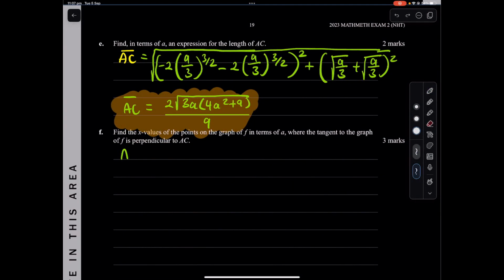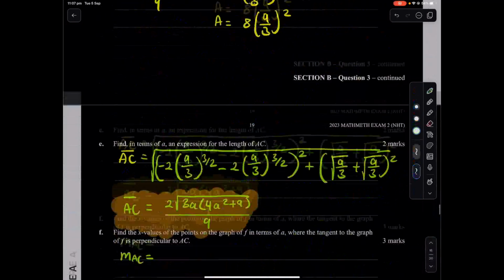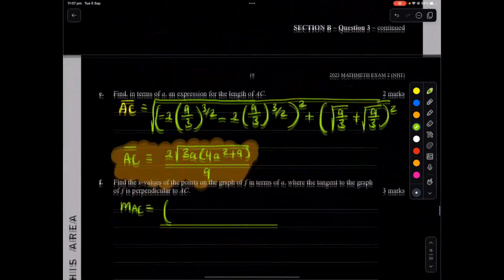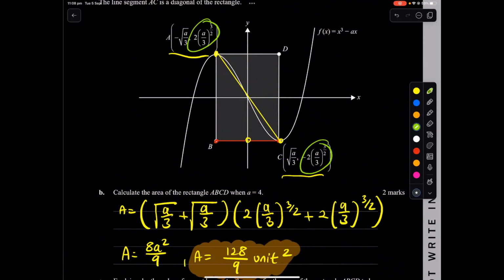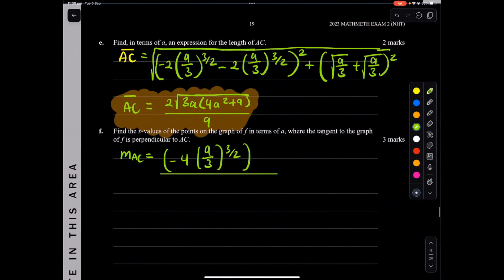Let me write it nicely. The gradient of AC is equal to, it'll be negative 4, to make my life easier, a on 3, 3 on 2, and because it's that minus that, and this minus that, it'll be just 2 root a on 3.